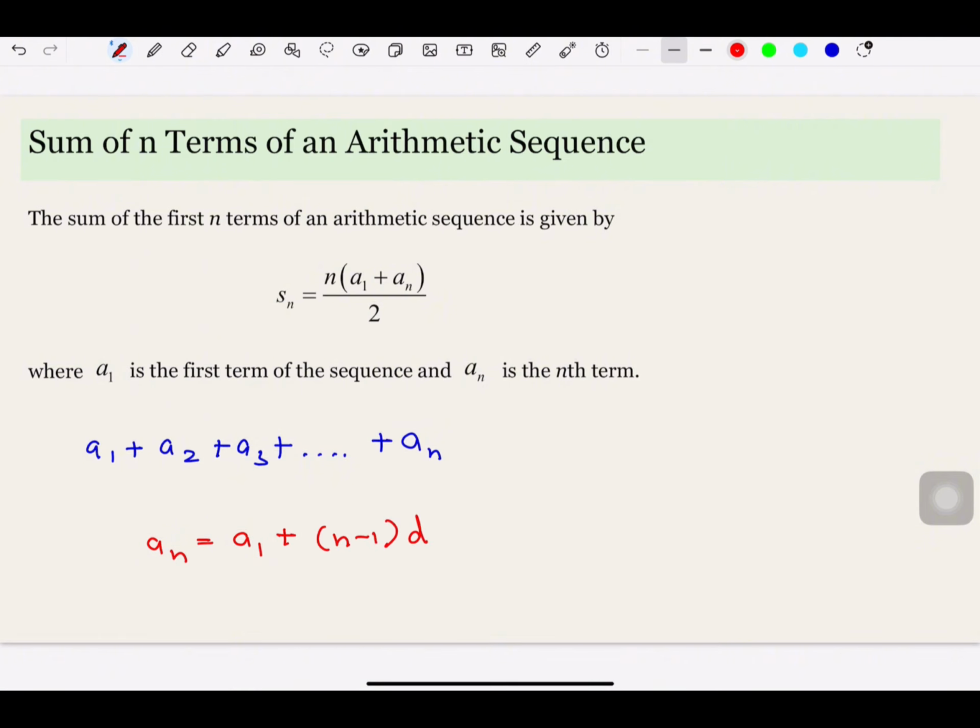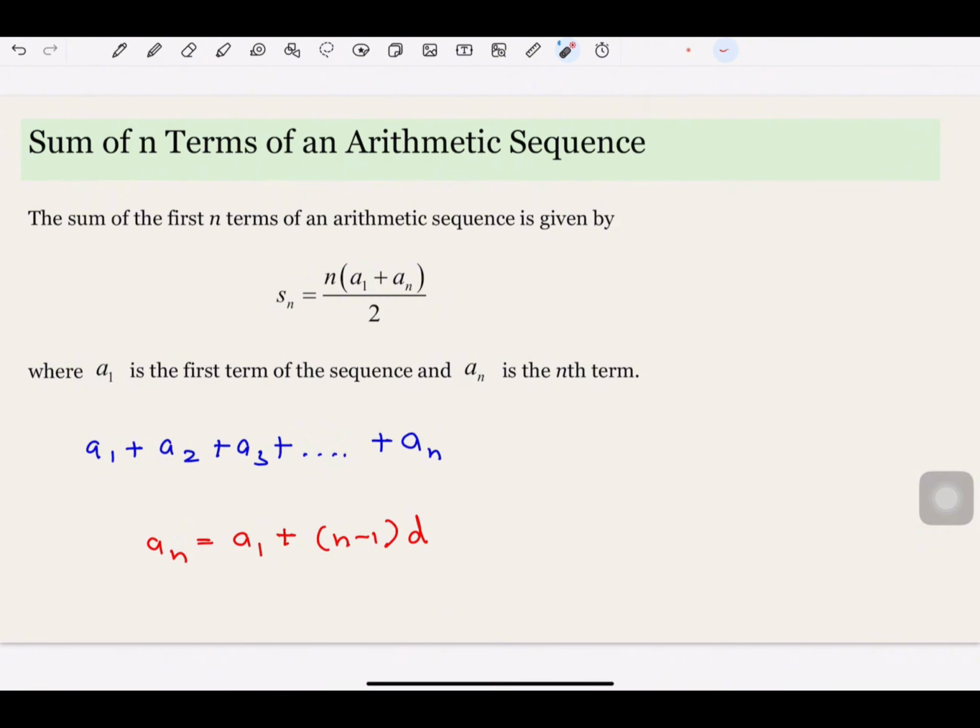So d is the common difference, n is the number of terms. You can use this formula to calculate the nth term, and again, you can use the sum formula to get the sum of n terms in an arithmetic sequence.